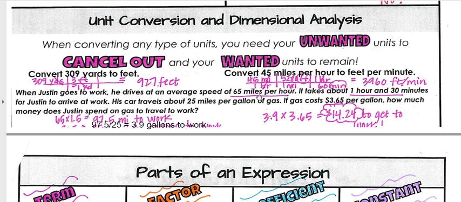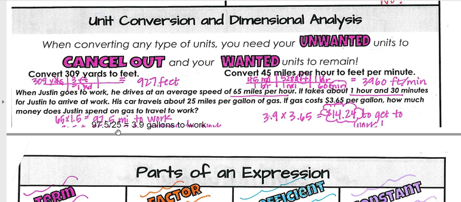Okay, so if he's going the speed of 65 miles per hour and it takes him an hour and 30 minutes, the rate times the time gives me the distance. So 65 times an hour and a half, or 1.5, that's 97.5 miles to work. Now, if I want to know how many gallons of gas that's going to take, well, he's going a total distance of 97.5.